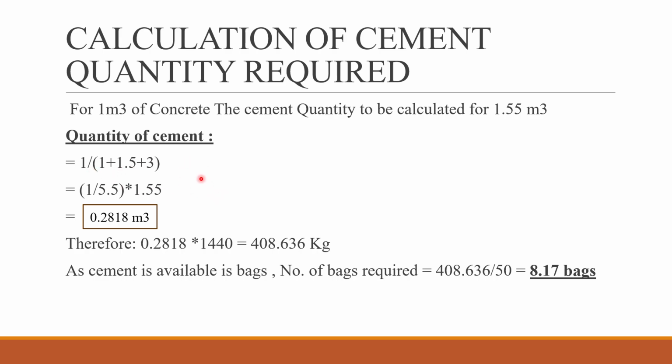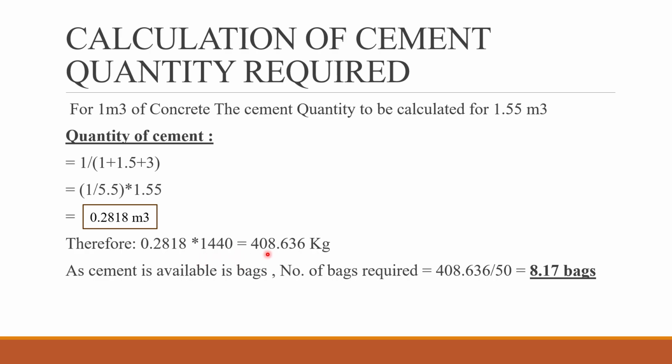By calculating this, we have obtained the volume of cement required as 0.28 meter cube. In order to convert cubic meters into kgs, we have multiplied it with the density of cement.